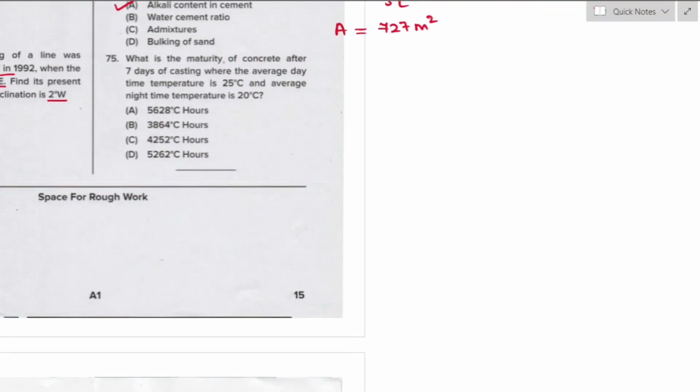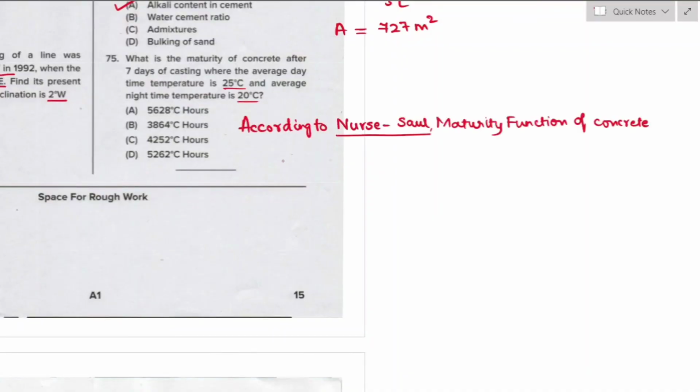Question number 75. What is the maturity of the concrete after 7 days of casting, where the average daytime temperature is 25 degrees Celsius and average nighttime temperature is 20 degrees Celsius? According to Nurse-Saul, the maturity function of the concrete is given by the formula M is equal to summation of (T minus T naught) into delta T. In the question two types of temperature are given, one at daytime and one at nighttime.